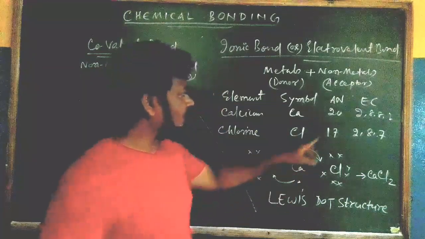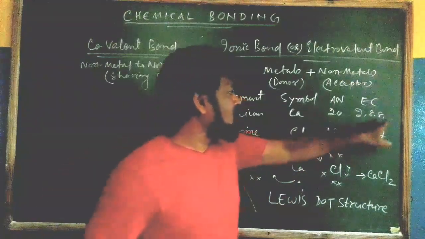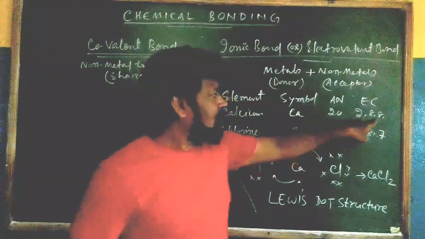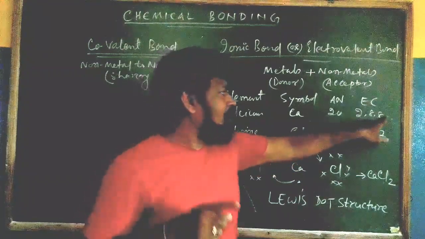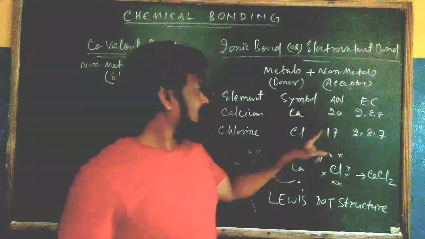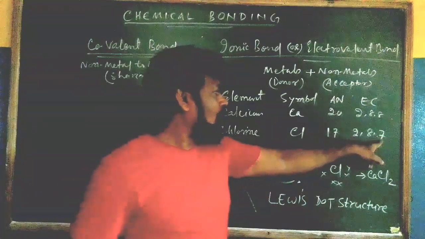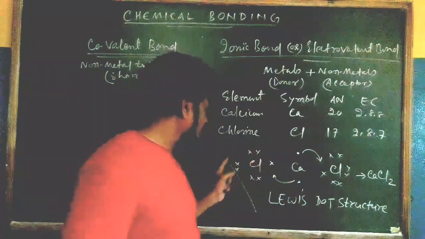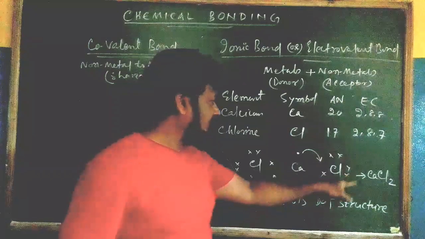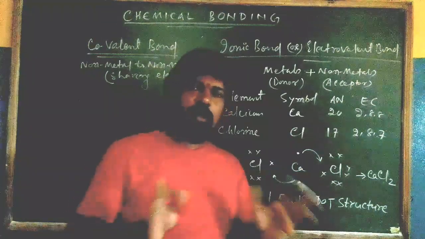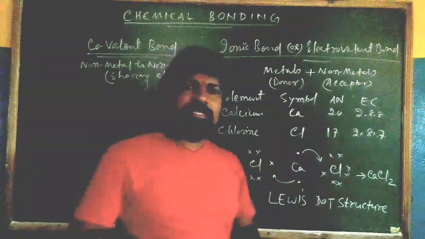By donating 2 electrons, calcium automatically loses its outermost orbit with 2 electrons. So this 8 will stand as the number of electrons in its outermost orbit, so it is stable. Similarly, each chlorine by receiving one electron from calcium becomes 8: 7 plus 1 is 8, and 7 plus 1 is 8. So 1 Ca and 2 Cl become stable, and the compound formed is CaCl2.